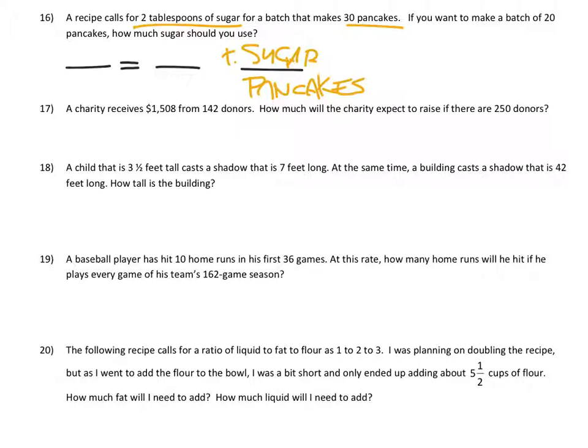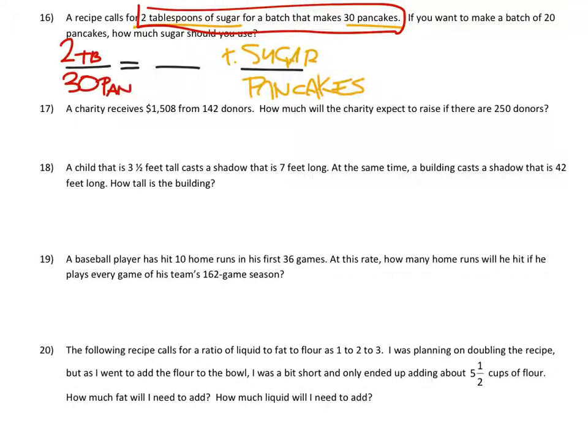All right. So first off, they did give us this comparison right there, right? 2 tablespoons for 30 pancakes. And then it said we're going to make a batch of 20 pancakes. So for 20 pancakes, how many tablespoons would we need?